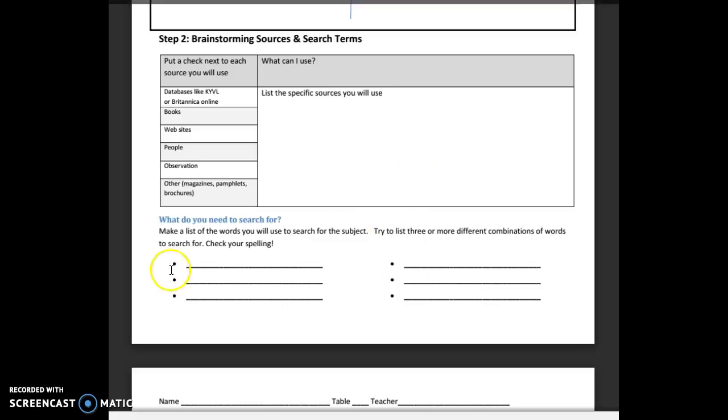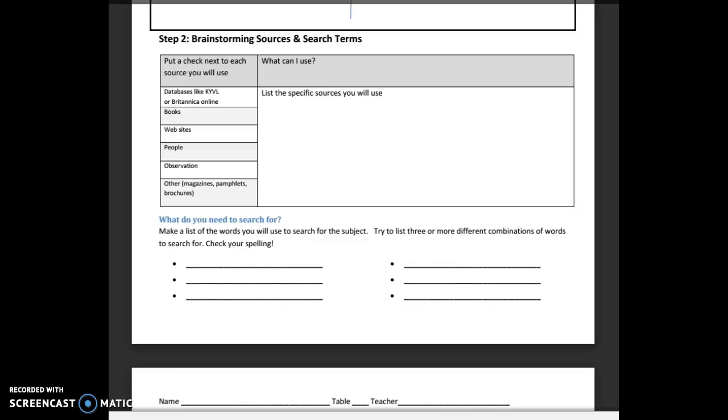Lastly, down here at the bottom, this is where you're going to do search terms. Now, when you're going into Google, sometimes it's easy to find something by just putting kangaroos or whatever other subject you're looking for. But let's say you want to know about kangaroos and their diet, or kangaroos and their speed. So come up with different topics or search terms.